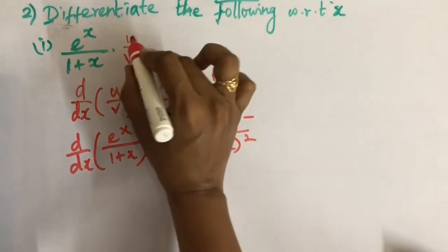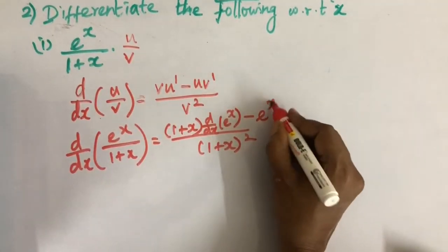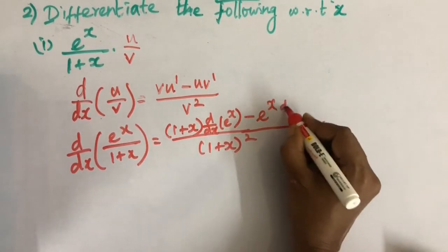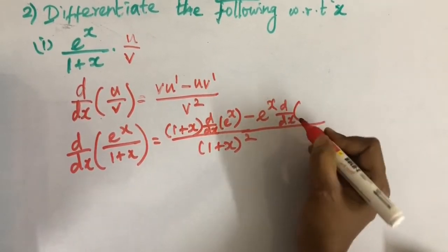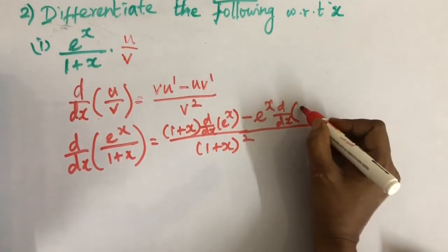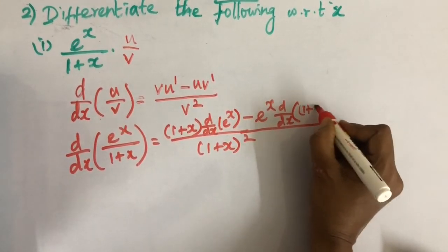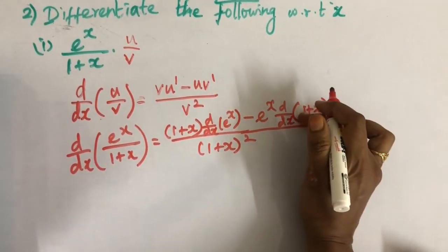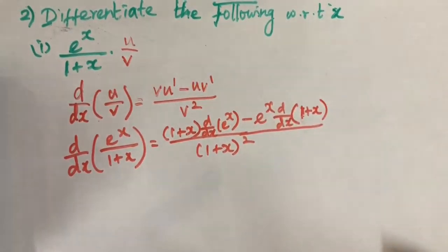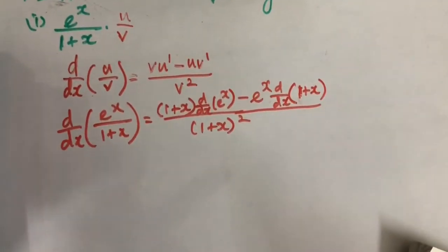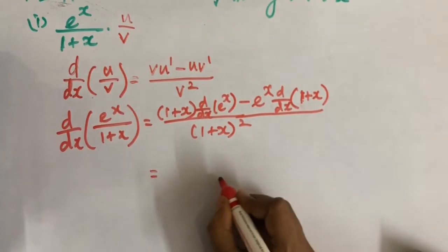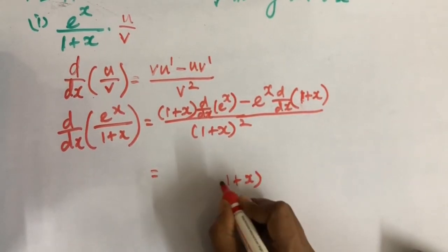Minus u into v dash, u is e power x, v dash is d by dx of v, what is v? 1 plus x. Okay. So, that is equal to 1 plus x the whole square.